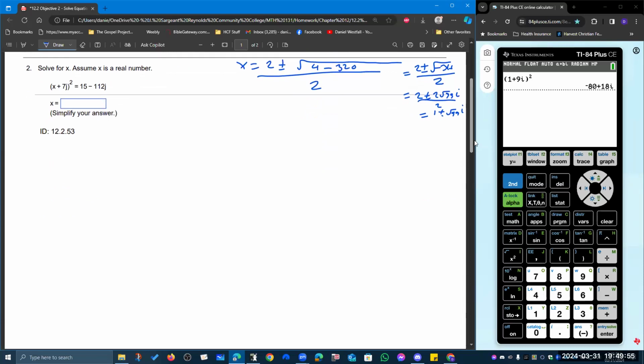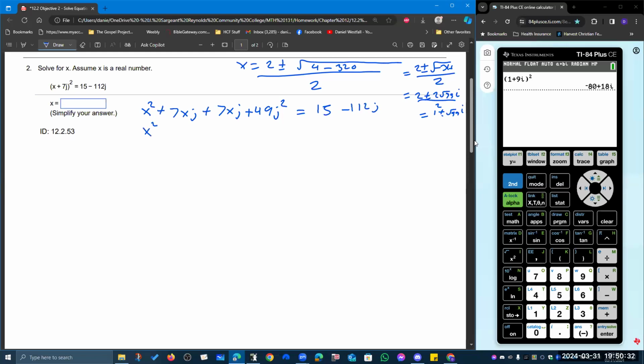Solve for x. Assume x is a real number. So that's interesting. So x squared plus 7xj plus another 7xj plus 49j squared equals 15 minus 112j.